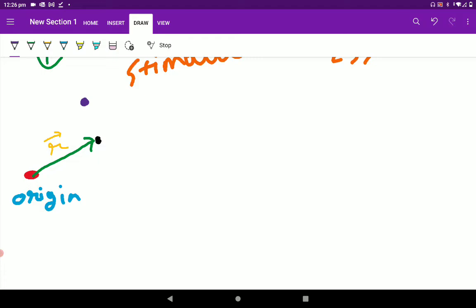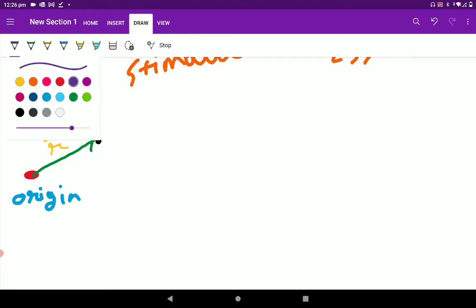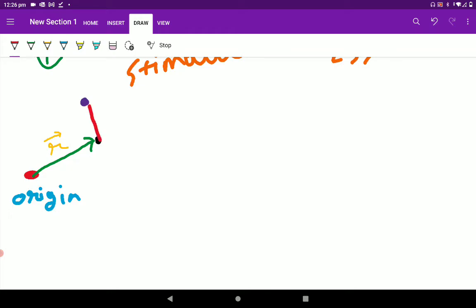Now from here to here, the displacement is given by this u vector. This is the new position of the point.